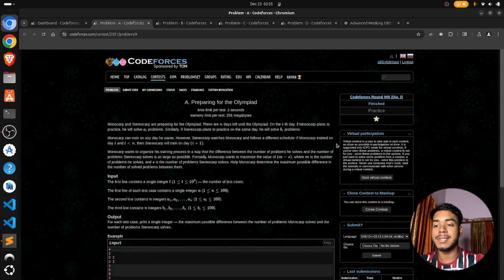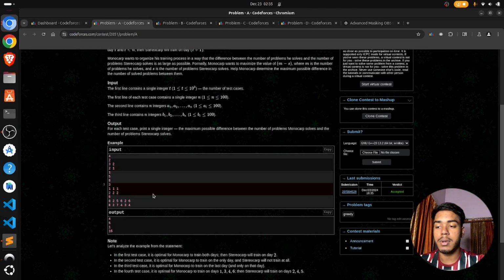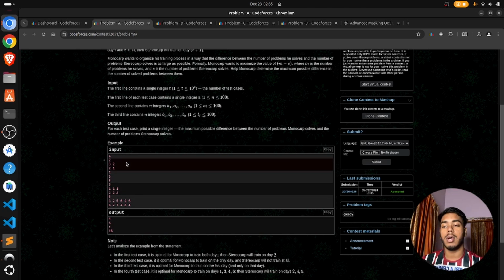As it is told here, Monocarp can train on any day he wants, but Stereocarp watches Monocarp and follows a different schedule. If Monocarp trains on day i and i is less than n, then Stereocarp will train on day i plus 1. So he will watch Monocarp and follow him, make him his target, then solve his problems on the very next day.